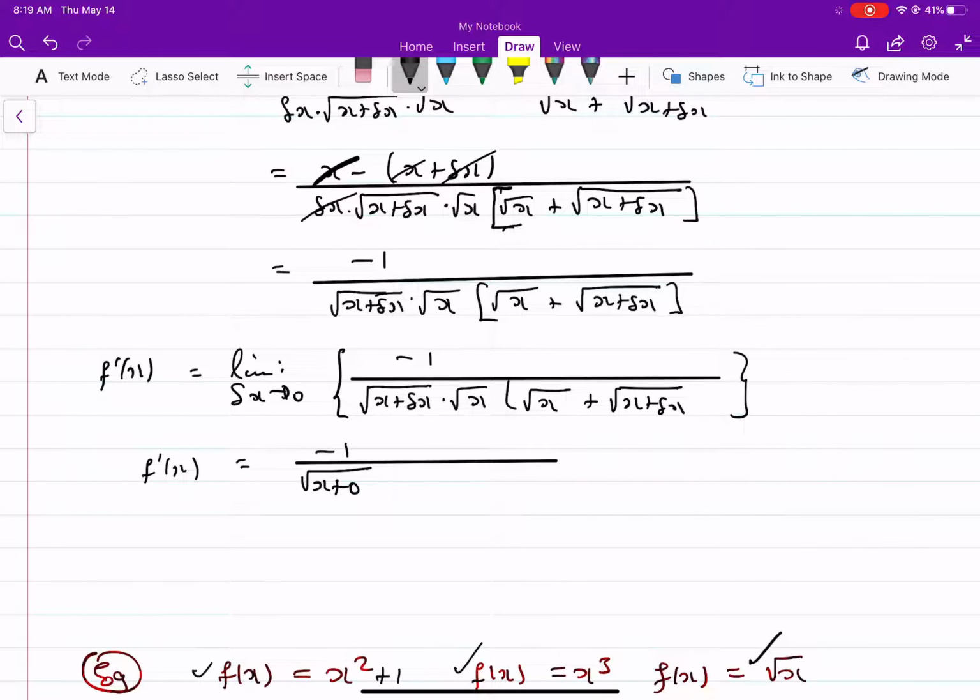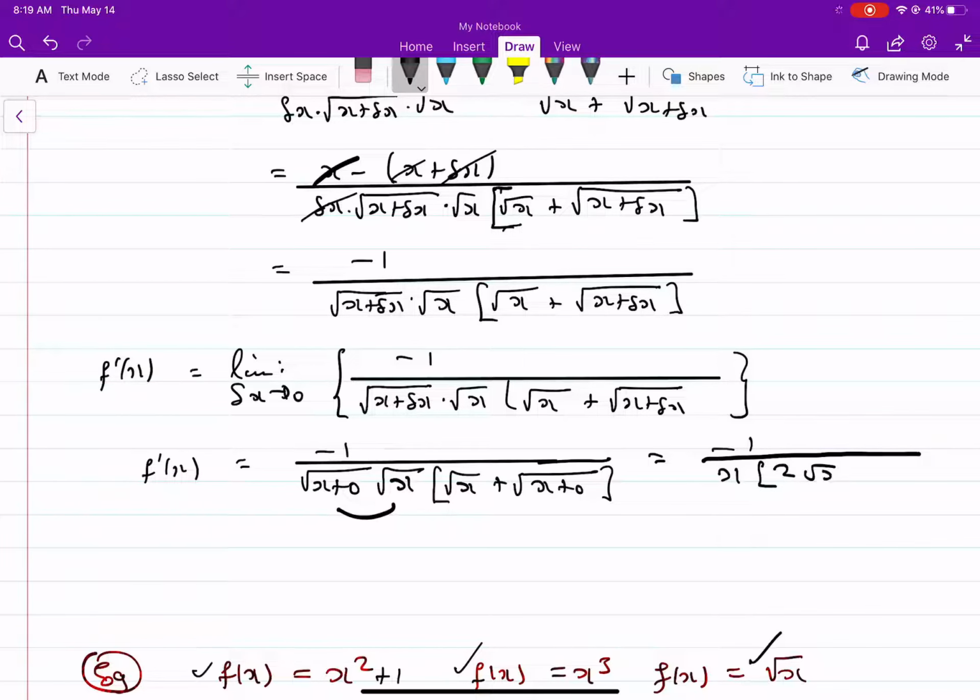Everywhere I see delta x, I'm plugging in 0, times root x into root x plus root of x plus 0, which is minus 1 upon, okay, what do I have? Root of x plus 0 is just root x. Root x times root x out here is x. So those two will give me x. And on the inside, I have root x plus root x, which is 2 root x.